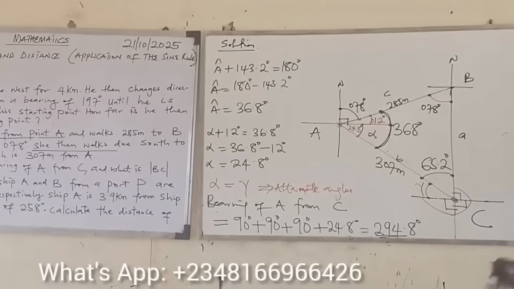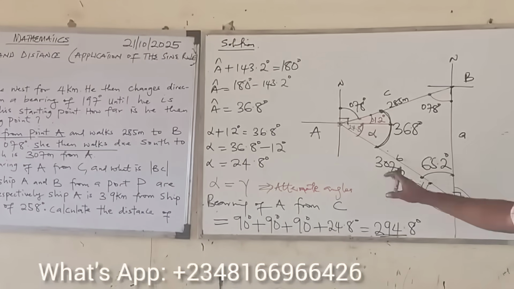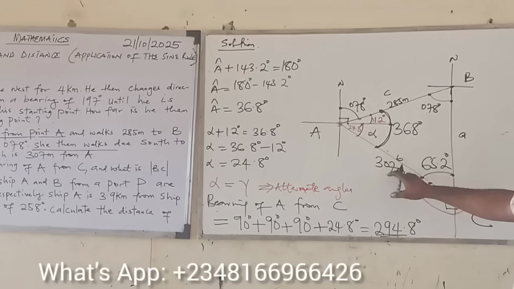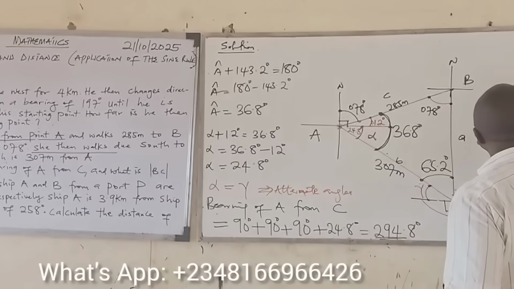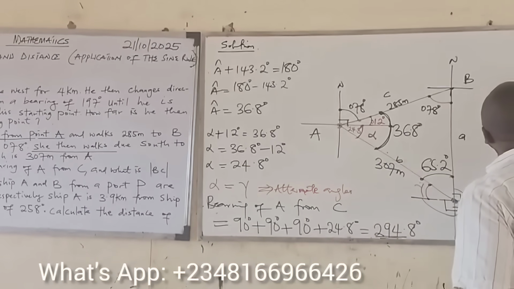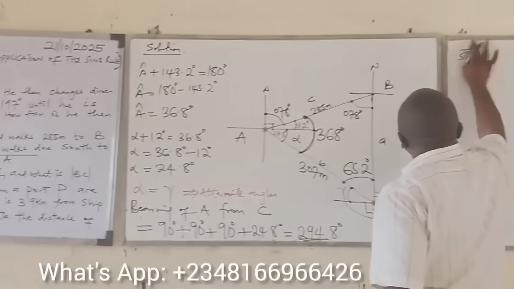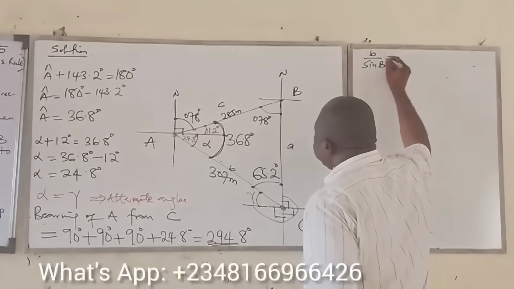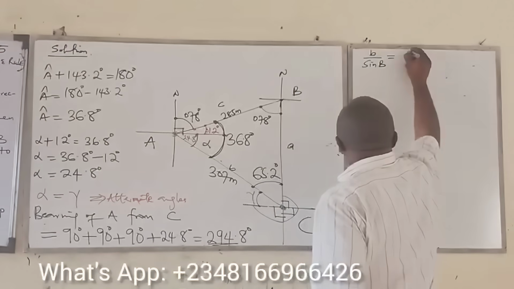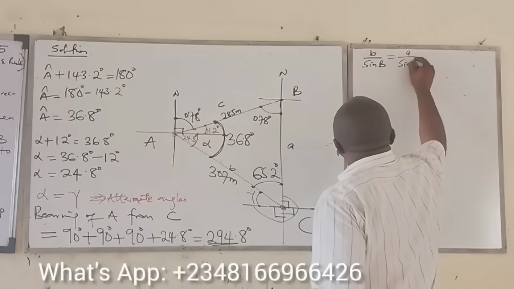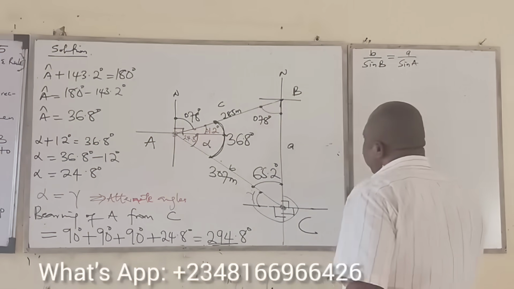This is the big B, and this is the small b. So now we can say b over sine big B is equal to a over sine big A.